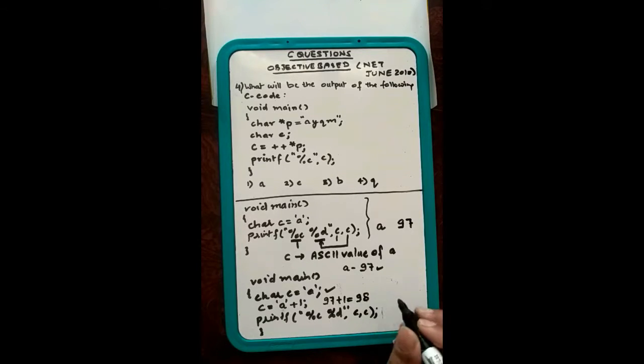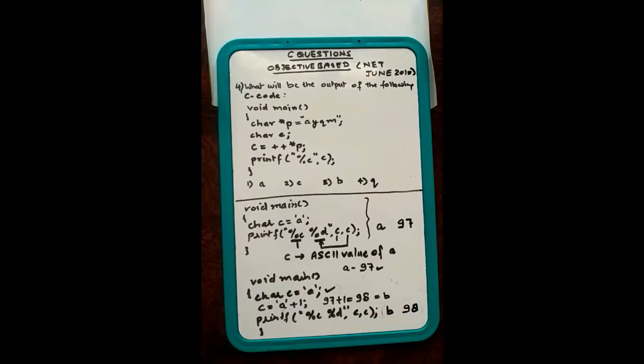This 98 is the ASCII value of the small alphabet b. Hence, the output will come again: percentage c prints the character value of 98, that is b, and the value of c is 98. This will be the output.